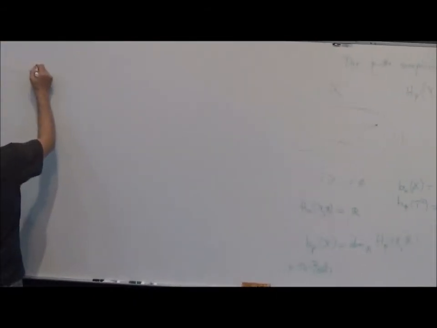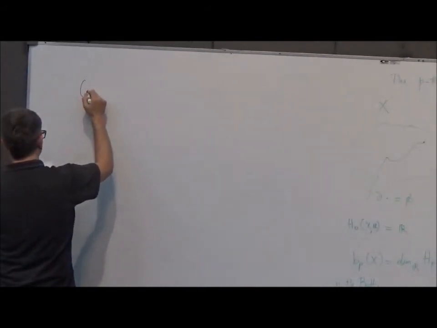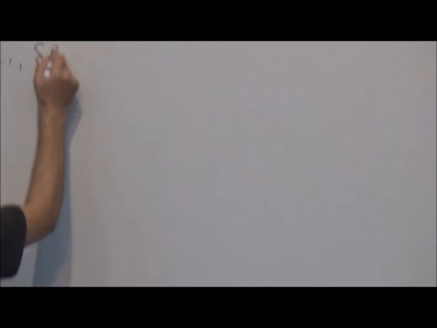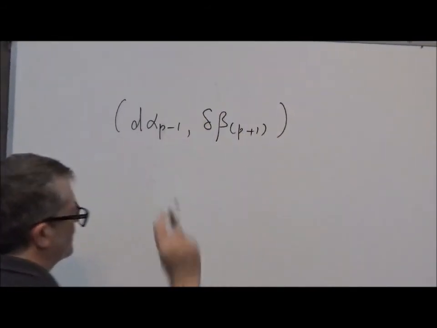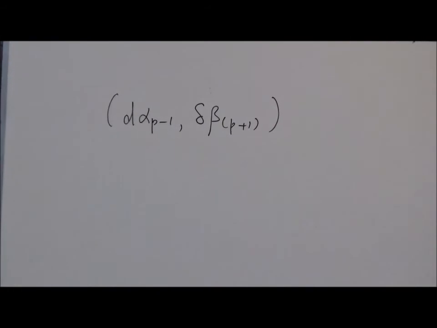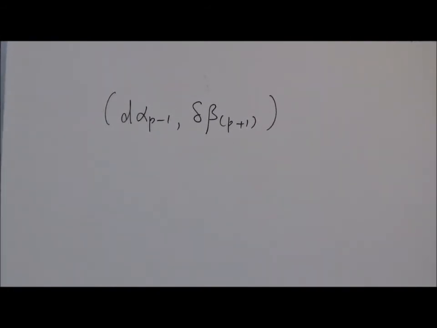Suppose I ask you to consider the inner product of this. These two guys appear here, and now I want their inner product. They're both degree p because I have an equality here.